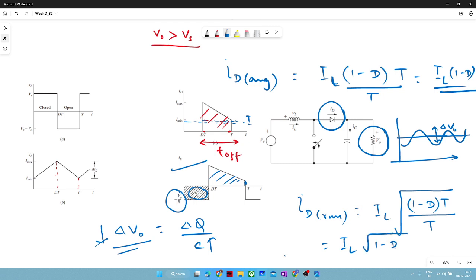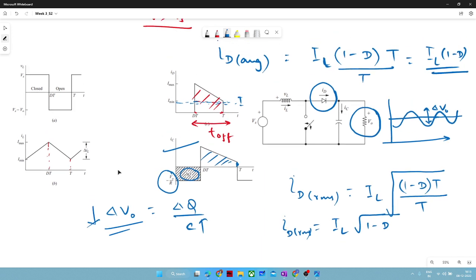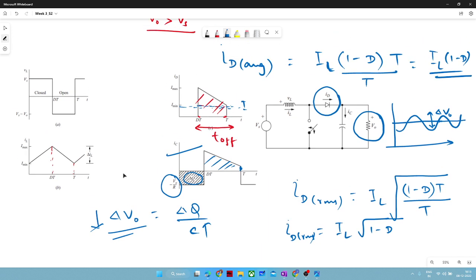You should be well versed with this kind of thing. It should be very handy, because if you forget some formula, you need to go to the basics straight away and derive it from there.